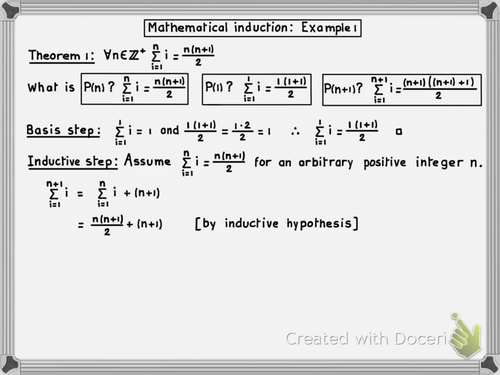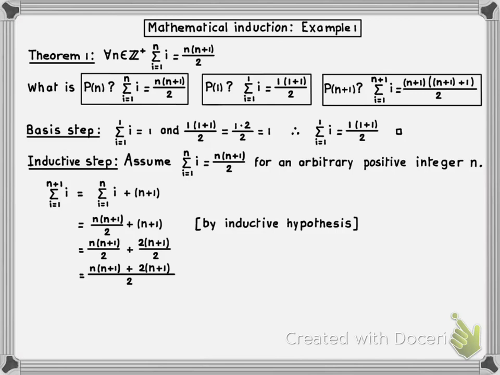Now don't lose sight of your goal. Your goal is to get to this expression here. So starting from here, we need to first get to a single fraction. So we're going to multiply and divide the second term by 2. And then we can reduce this expression to a single fraction with a common denominator 2.